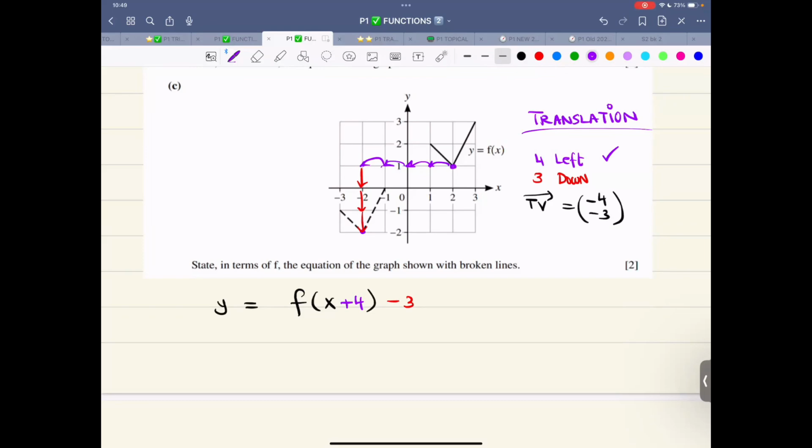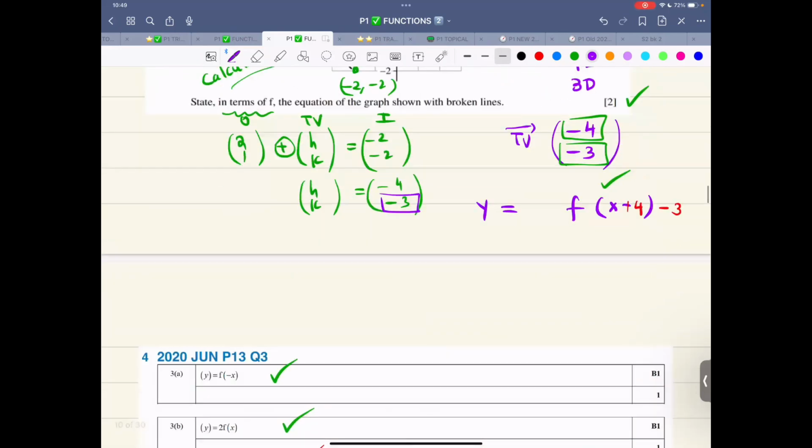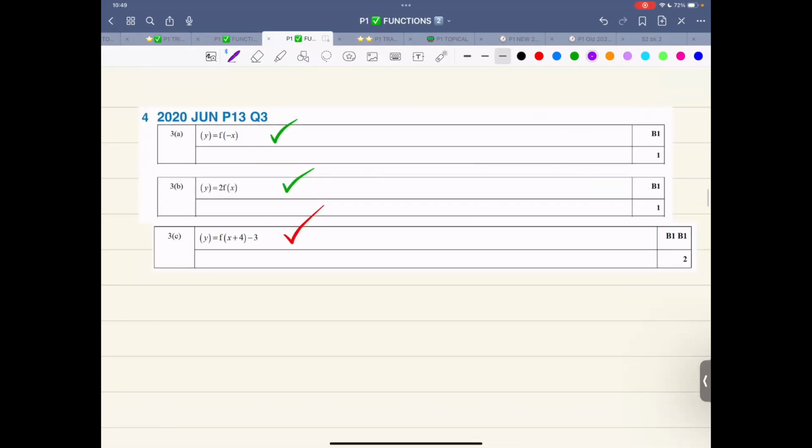So f(x + 4) - 3, that is what is happening in this question. And let's just double check this thing. So f(-x), 2f(x), f(x + 4) - 3, that is the answer. So I hope it's all good, all clear. So now, so far, so good.